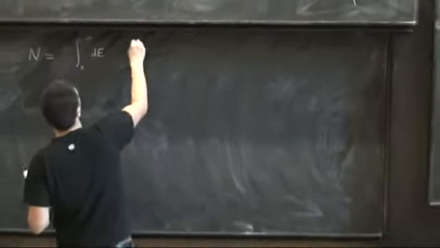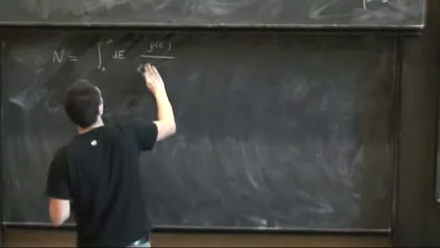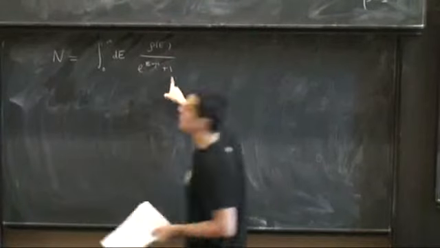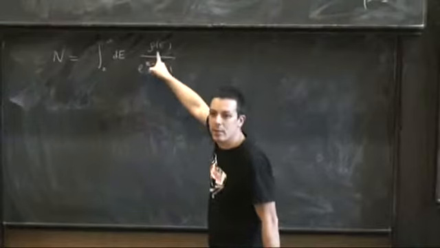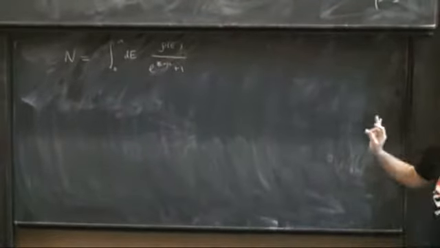In occupation number formalism, you know that the number of particles is given by the integral over all possible energies of the density of states times the occupation number of a single fermion. Right? This is the occupation number for a fermion, and this is the density of states. So this is a formula that at least I teach my students of third year.